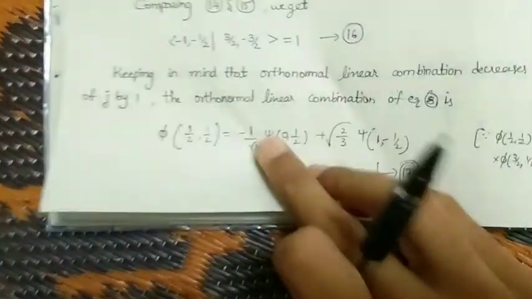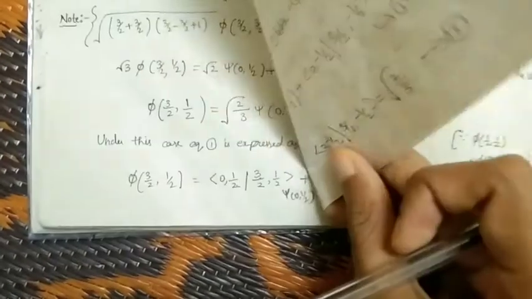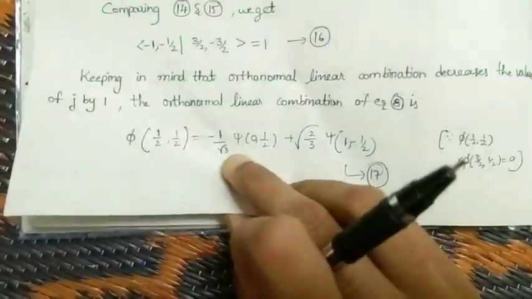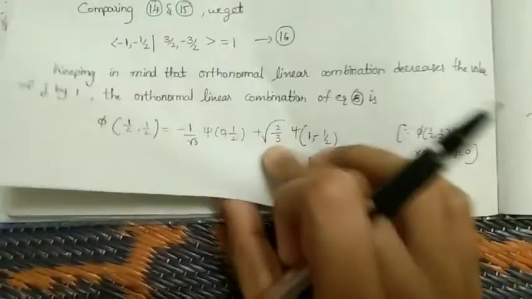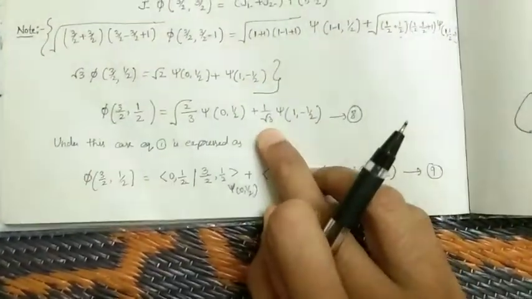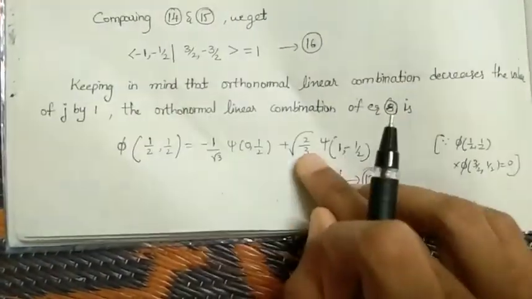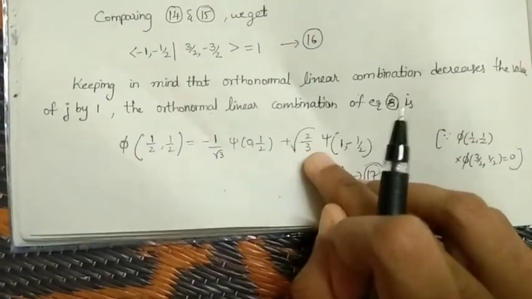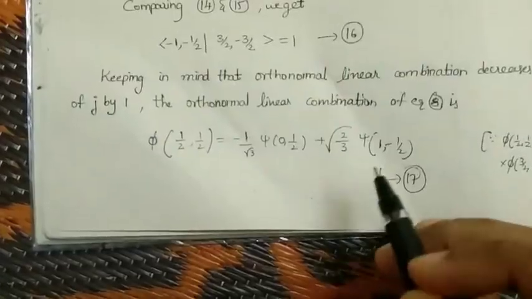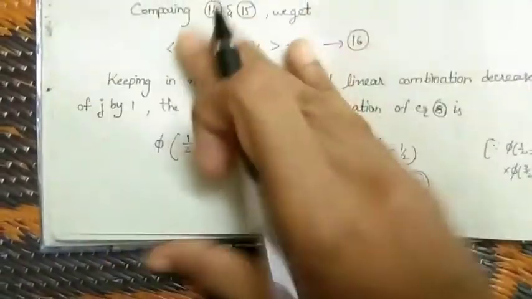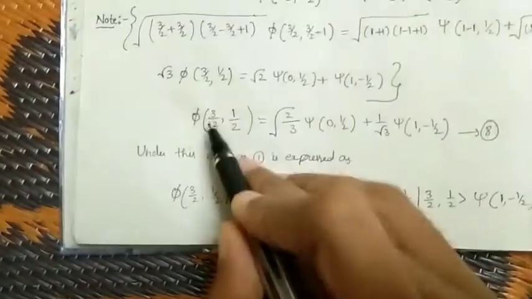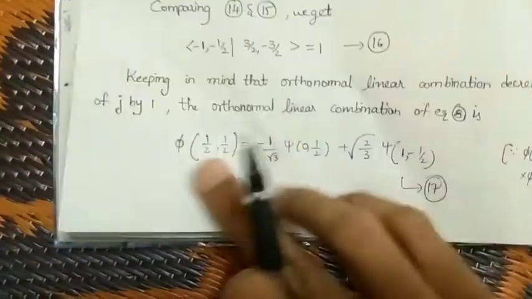But only thing is here root 2 by 3. Here minus 1 by root 3. So if we multiply them both, what we would get is minus root 2 by 3. And here root 2 by 3, here 1 by root 3. So if we multiply, therefore root 2 by 3. So minus root 2 by 3 plus root 2 by 3, that is equals to 0. Hence, based on the orthonormality condition, we are having this equation. So it reduces the value of j by 1. So 3 by 2 minus 1 is half.